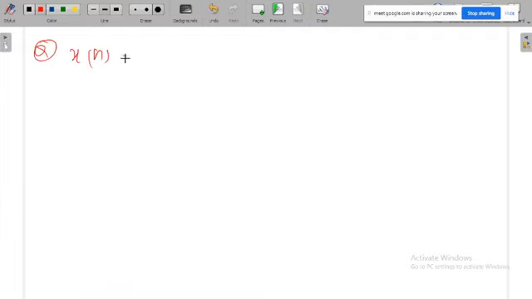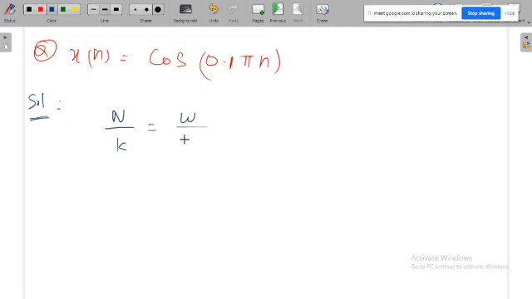X of n is equal to cos of 0.1 pi n. What is the period of this signal? N by k is equal to 2 pi divided by omega. The omega value is 0.1 pi.